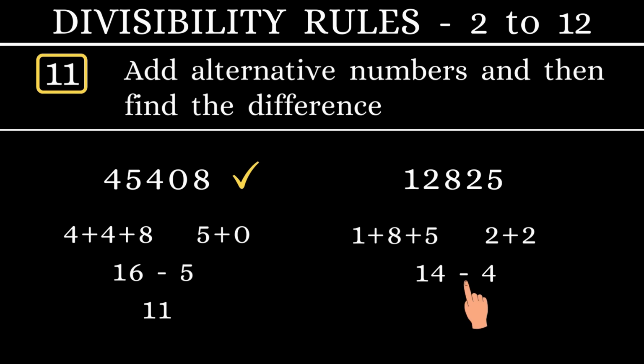The difference 14 minus 4 is 10, which cannot be a multiple of 11. Hence, we can say that the given number is not divisible by 11.